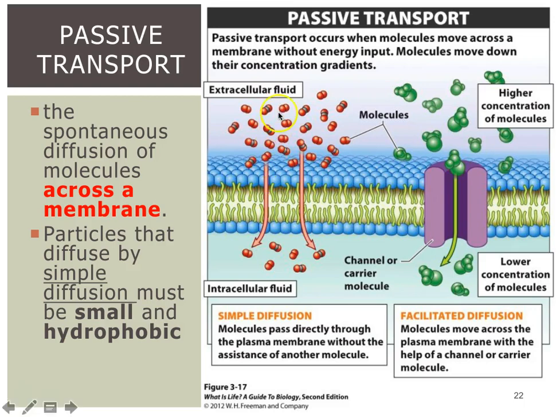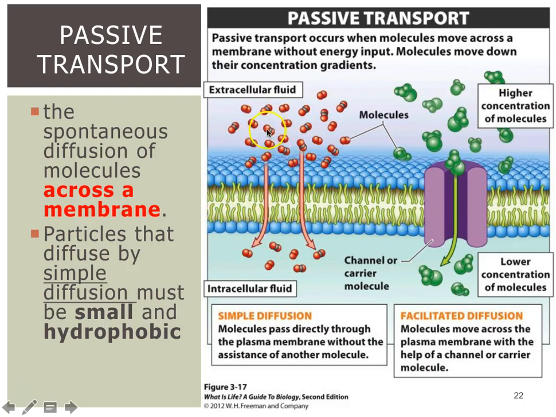So some molecules can do this, but here's the trick. Not all molecules. They have to be really small. That's the first thing. And the molecules have to be hydrophobic. Remember hydrophobic. Hydrophobic was the term we used to describe the nature of these tails in the phospholipid bilayer.